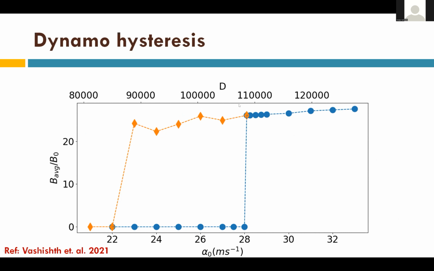But if we start with a strong field, then the path will change. Okay. So it's slightly different from the hysteresis in, say, a magnetized material, where you would actually go back through the yellow curve rather than through the blue curve. Okay, interesting.